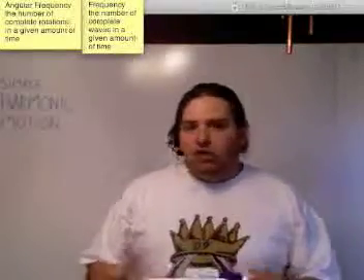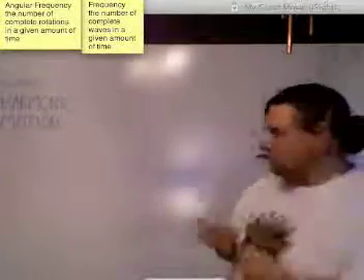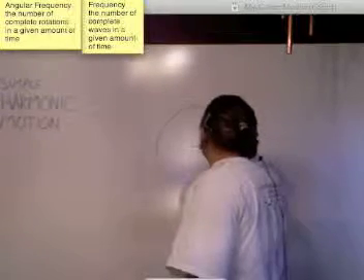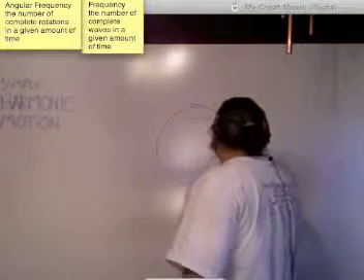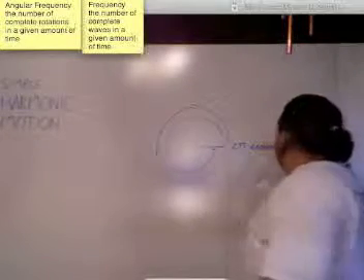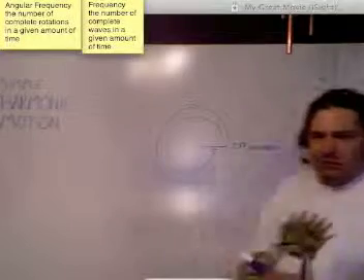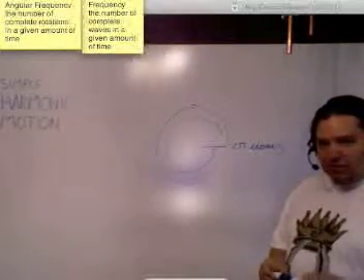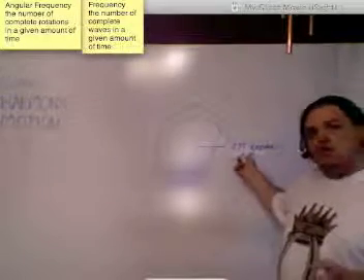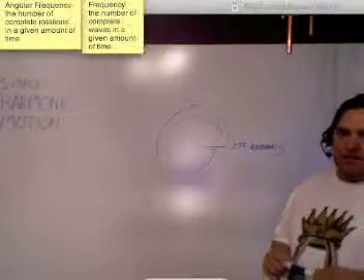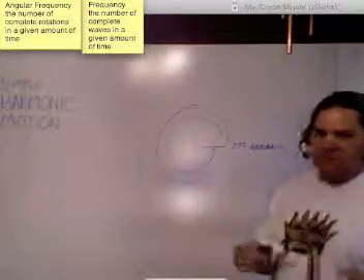Or, realizing that in a complete circle, draw a circle, there are 2 pi radians in that circle. So when we say 1 rotation or 1 revolution, we actually can say it as 2 pi radians. Okay? So when we talk about angular frequency, it's not the same thing as regular frequency.